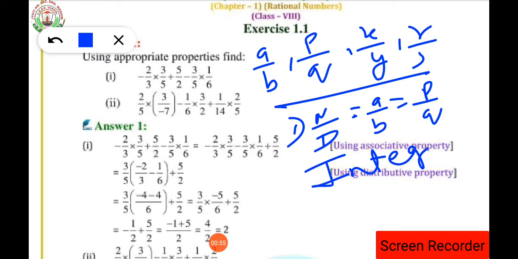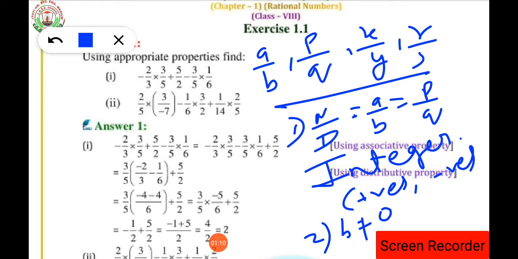They can be positive integers or negative integers. Second condition, its denominator value is never 0. That means b is not equal to 0, q is not equal to 0, y is not equal to 0.